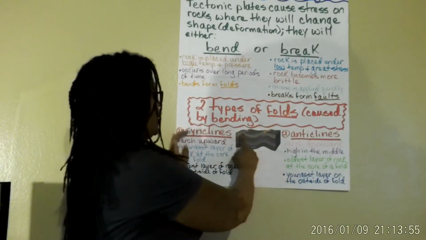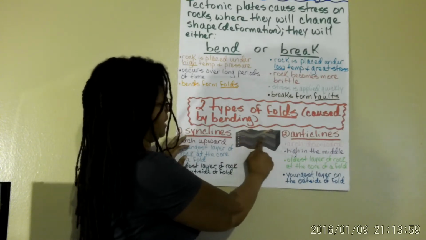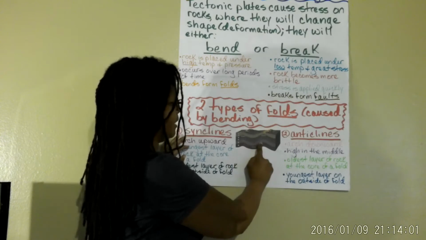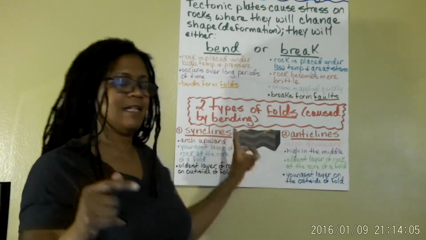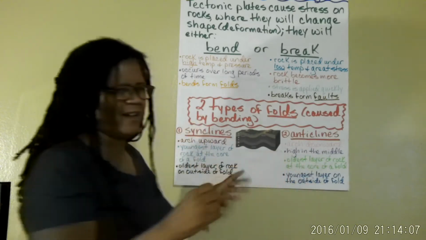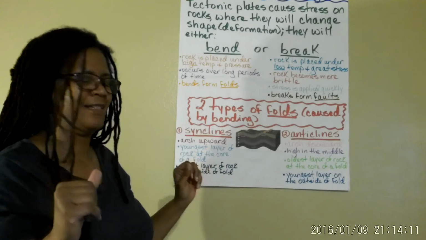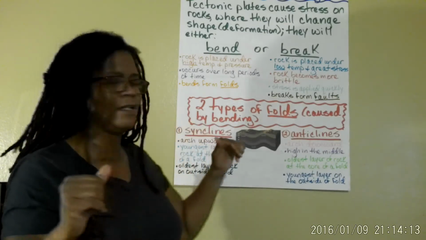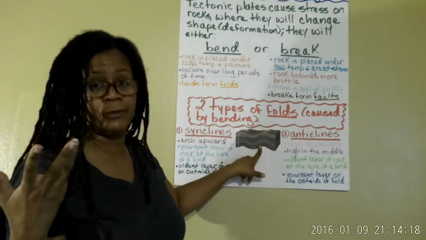All right, so here, this is an anticline. This says anticline here. This is a syncline, okay? Anticline, syncline. Now let me explain the difference, because the way the book explained it, it doesn't quite follow the drawing that they included, okay?